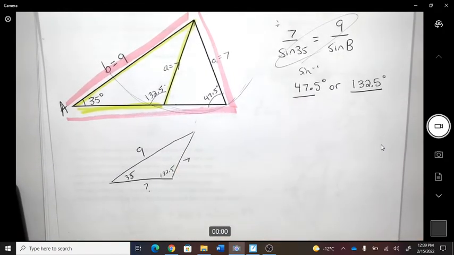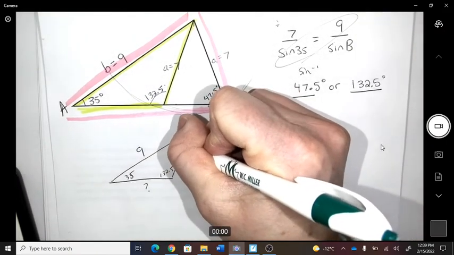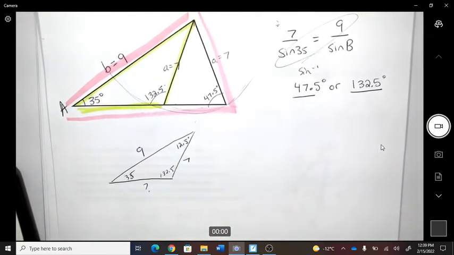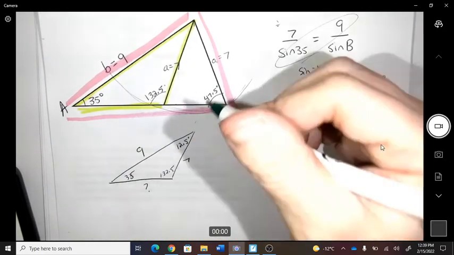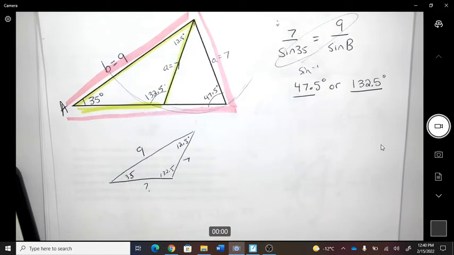Can you get the top angle in my yellow triangle now? Yep. Is anybody 12.5 degrees? Yep. So if you can leave it on your own diagram, or if you are having trouble seeing it, you can separate the triangles now.